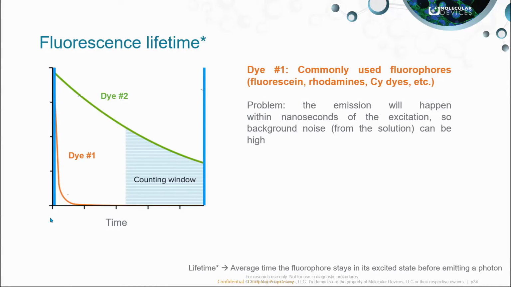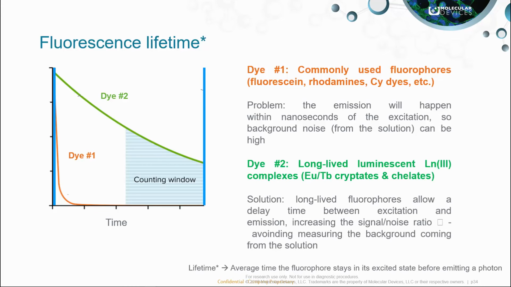Excitation and emission light are measured with a really small delay, producing a high background signal. The background signal is normally coming from the solution. Other fluorophores such as europium or terbium emit long-lived fluorescence, which lasts for milliseconds. In this case, excitation and emission are measured with a delay, so the signal-to-noise ratio is increased, increasing also the sensitivity of the assay.